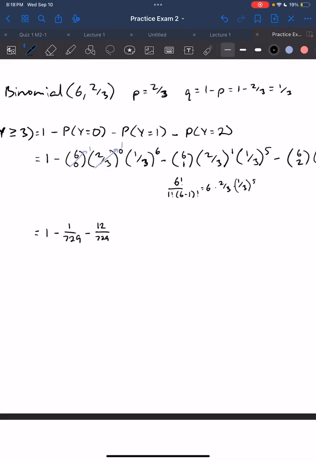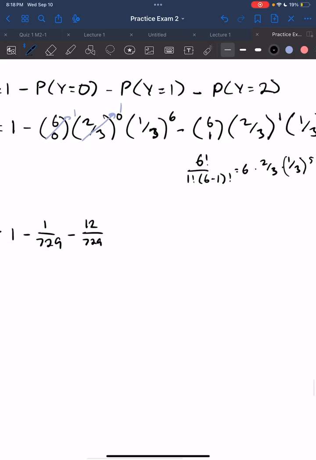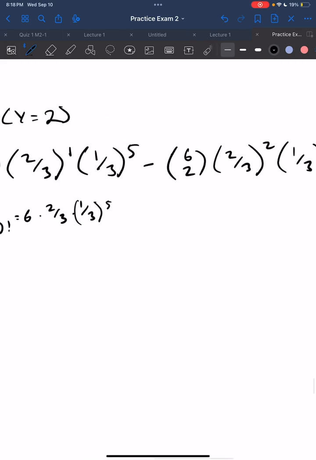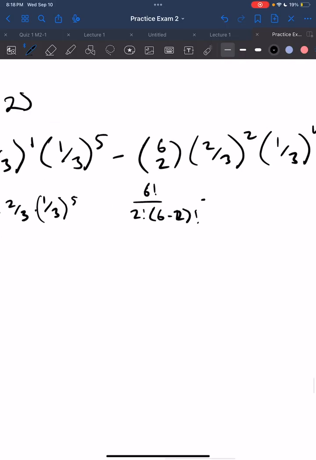Okay, and then next we have over here, so we have 6 choose 2, so that would just be 6 factorial over 2 factorial times 6 minus 2 factorial.